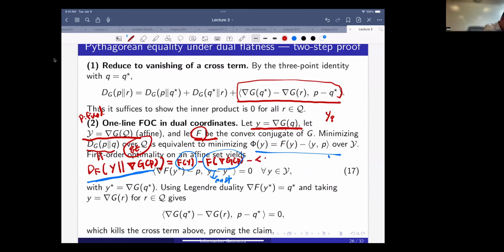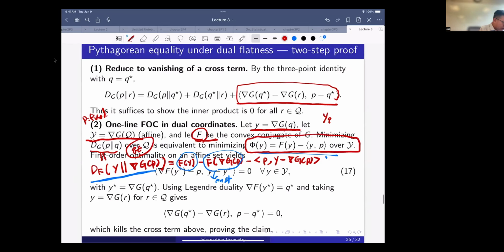Yeah. So P and Y minus delta GP. And then basically now this one we use.